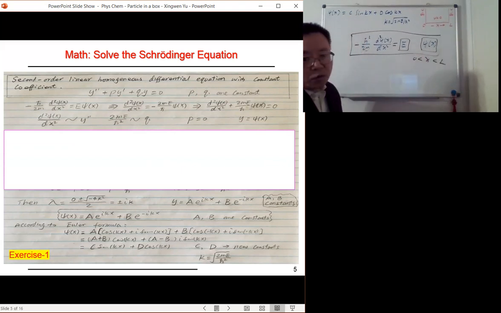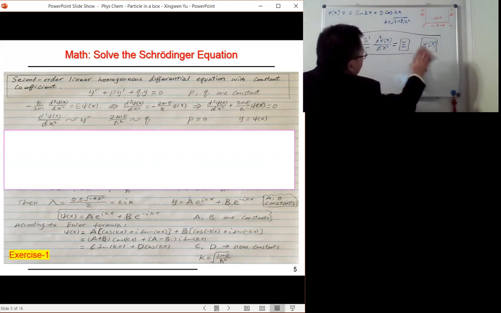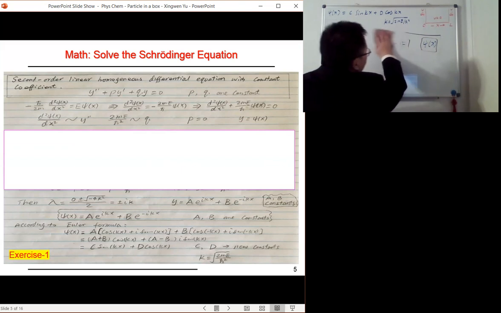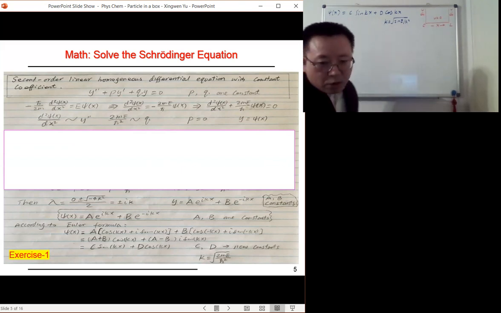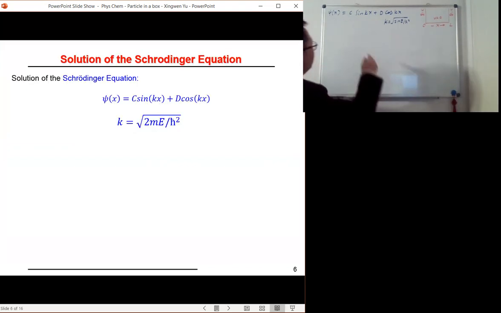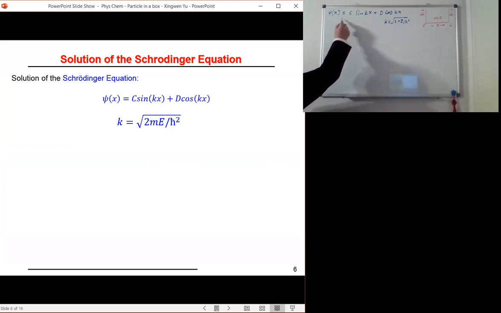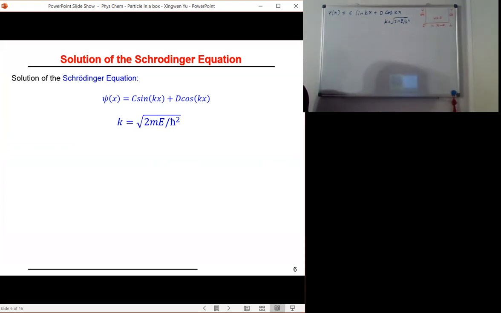So after solving this Schrodinger equation, we can get the solution of the wave function like this. Psi is C sin kx plus D cosine kx.